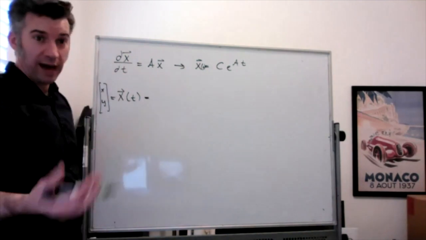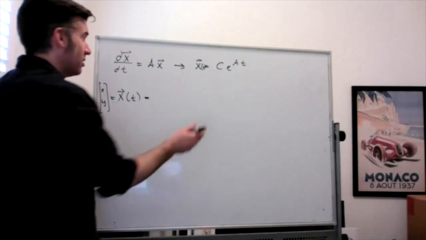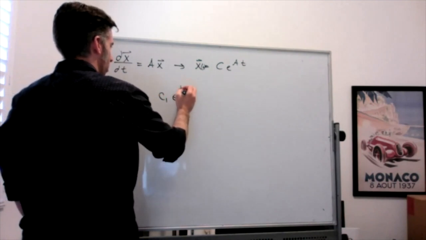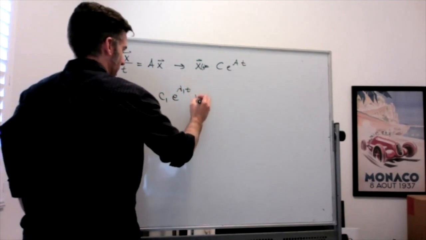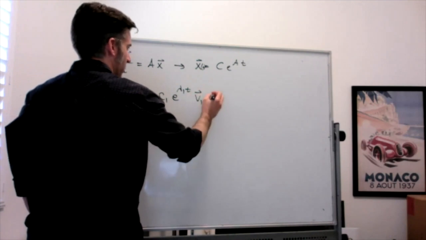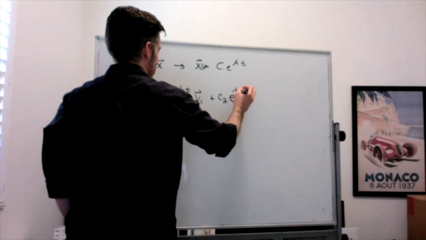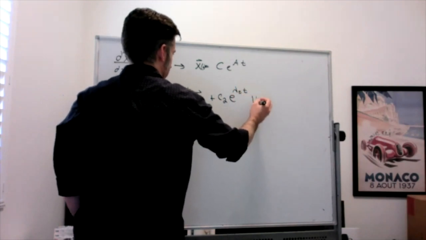I'm going to use both my eigenvalues and my eigenvectors. So it's going to be c1 e to the lambda 1 t times the eigenvector v1 plus c2 times e to the lambda 2 t times the eigenvector v2.